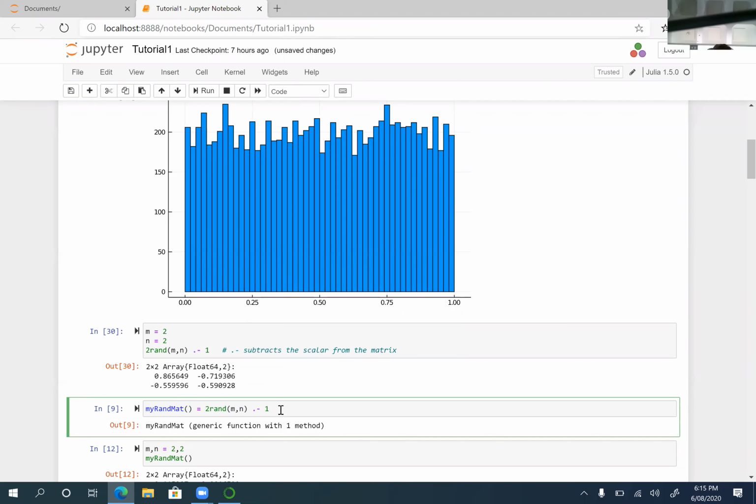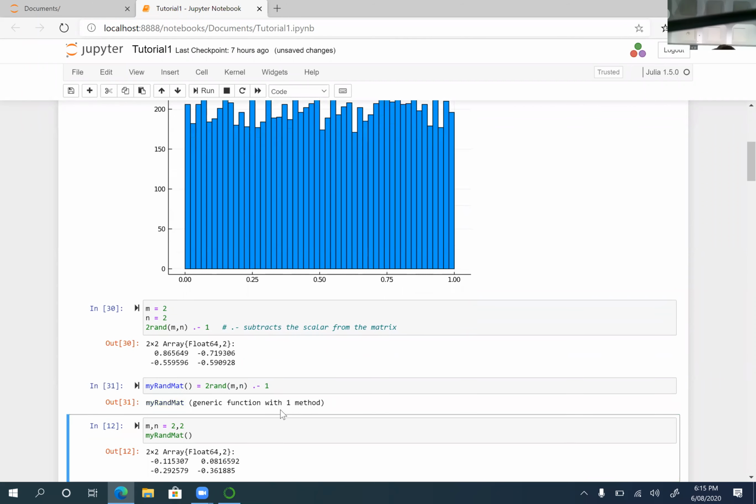So this is just applying the process that we applied above. At this point, M and N should be in memory from the previous calculation, I think. So that has now put that function into memory. And then I can scroll down.